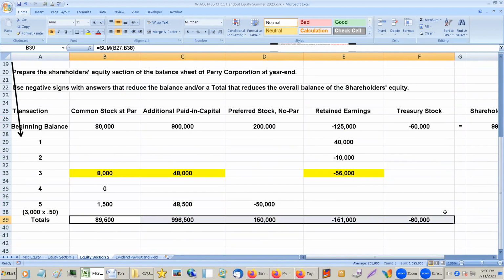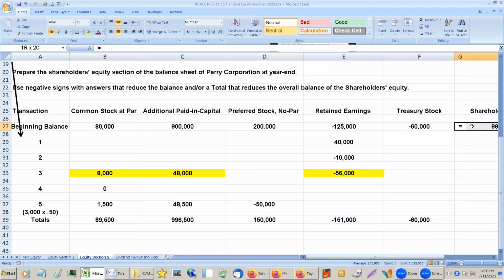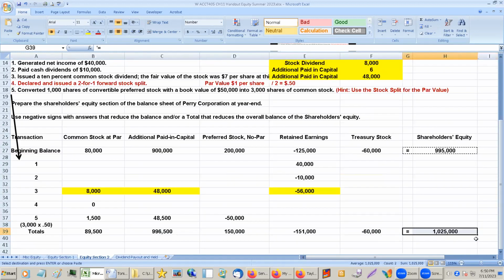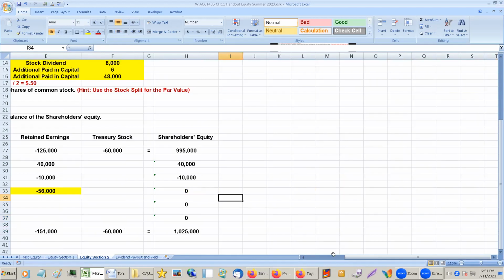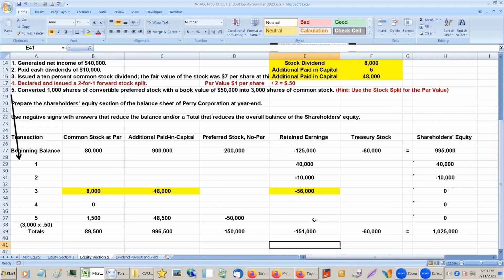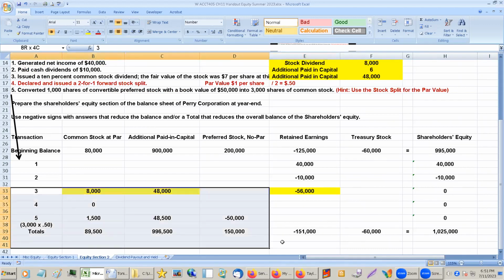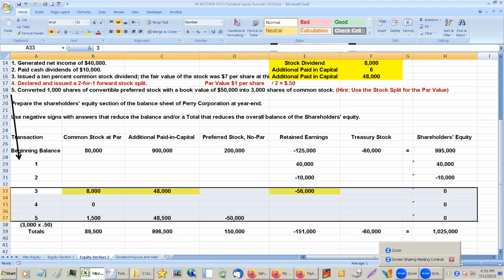Okay. You notice that the net impact on the equity section for these last three is 0.